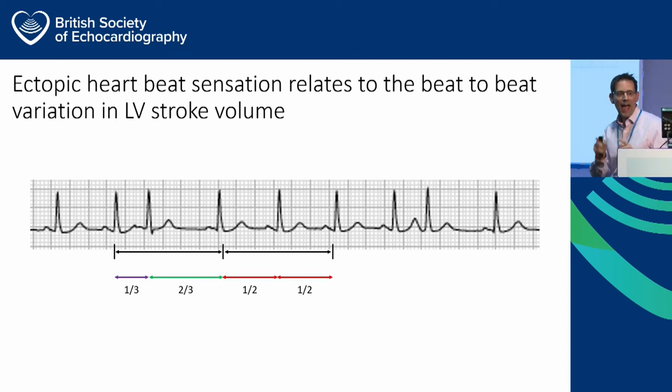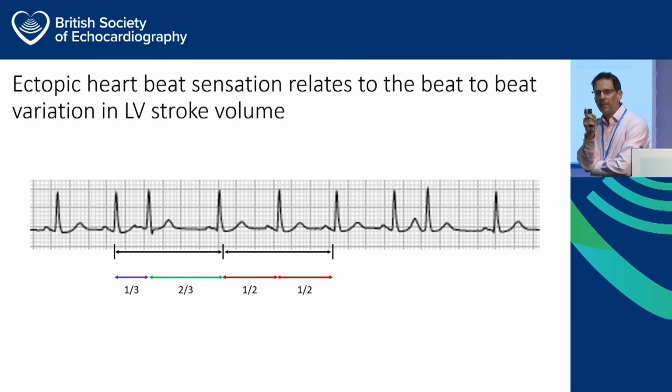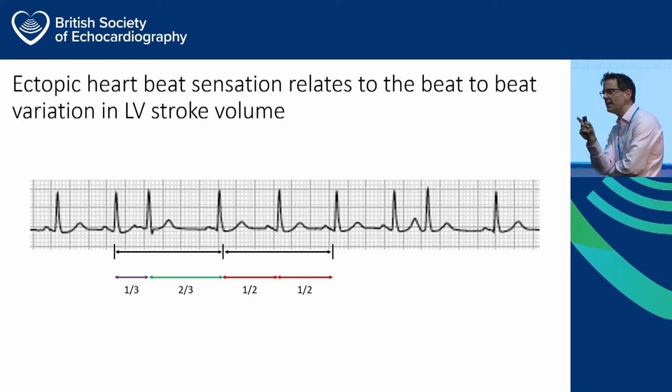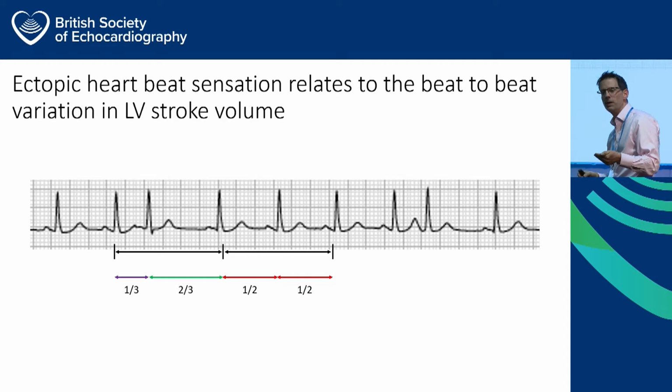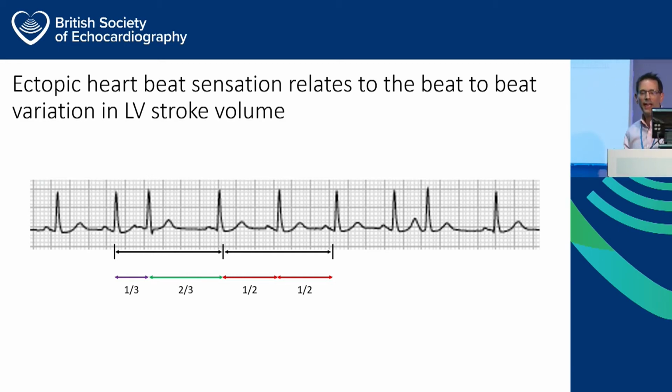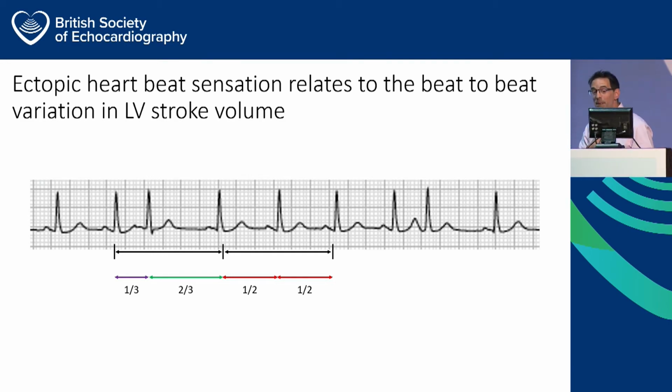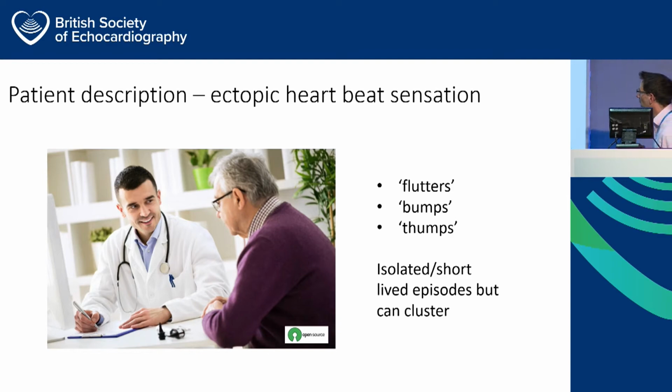Okay. And the thing you must remember here, and everyone in this room who scans will know this already, because they'll know when the request card says ectopic heartbeat, it's going to be a nice, easy, normal scan, more often than not. And that's because in order for you to get symptoms, you have to have a good ventricle. So the symptoms which you get are these kind of flutters, bumps, thumps in the chest.